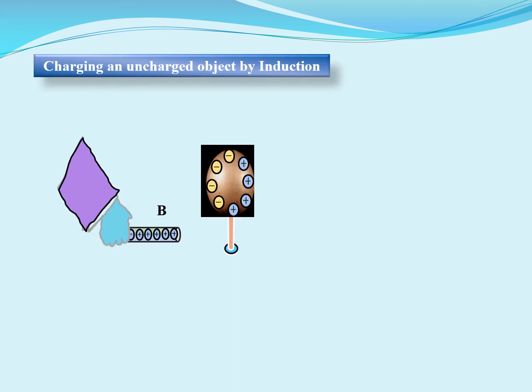Now connect the other end of A to the ground. We know that ground acts as a source of negative charges, where all the negative charges from the ground start flowing towards the positive charges and start forming pairs with them. Or you can say the positive charges are now neutralized by the negative charges that are coming from the ground.